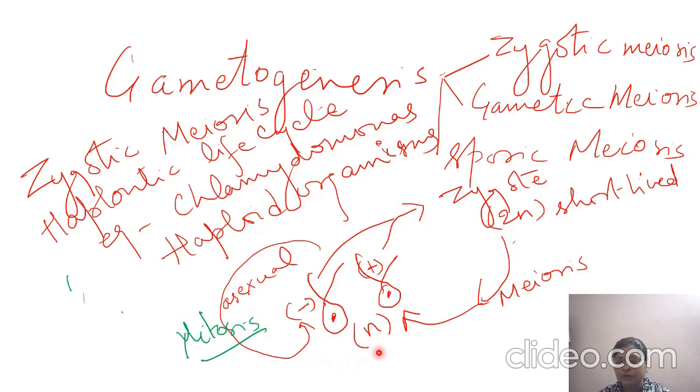They keep on giving rise to the same kind of individuals using this asexual method of reproduction. Whenever they find an unfavorable condition, the two different strains, plus and minus, fuse together and form the zygote, which is a very short-lived stage, remember. You must have heard the term zygospore.